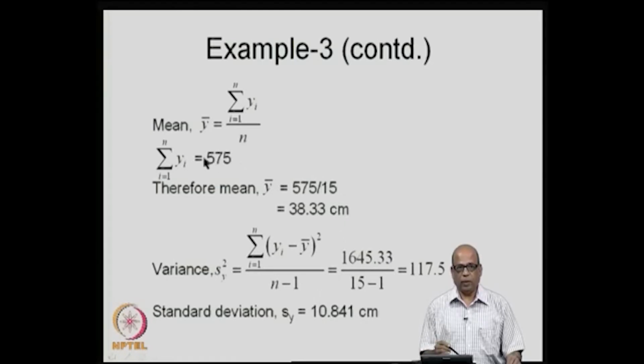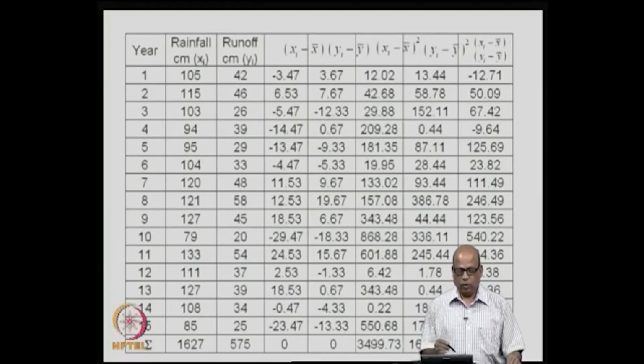Similarly, for y, which is the runoff, we estimate y bar as 38.33 centimeters and the variance as 117.5 centimeter square, and therefore, the S y comes out to be 10.841 centimeters. So, once we have the mean and the standard deviation, we open out columns like this.